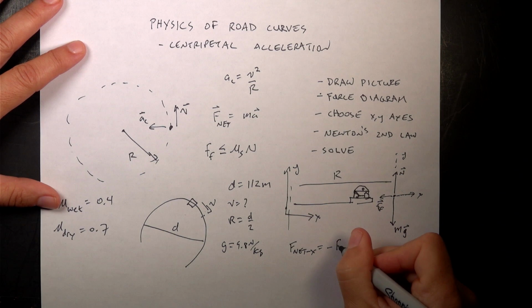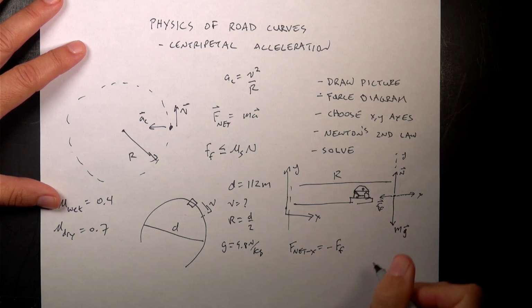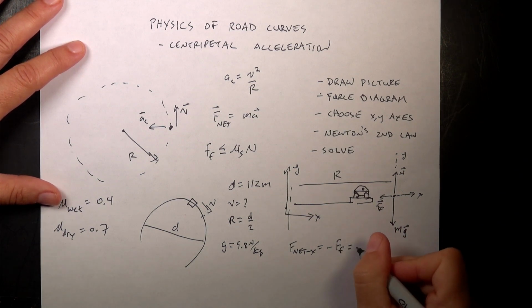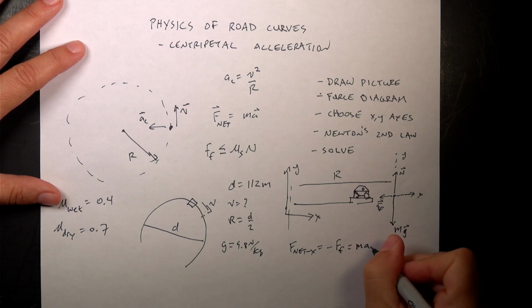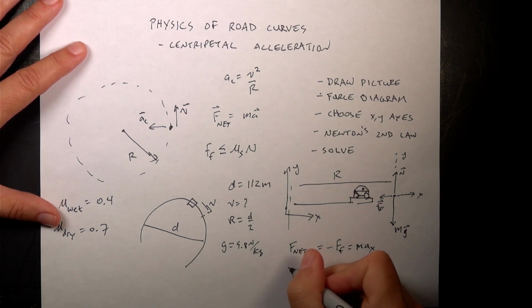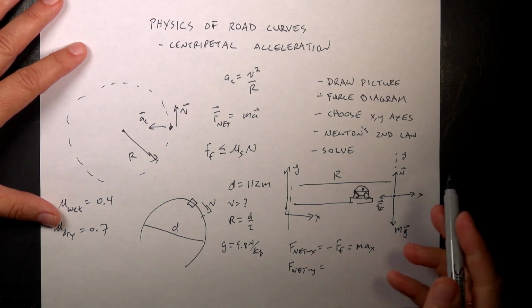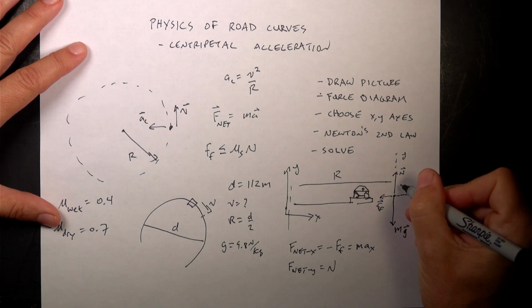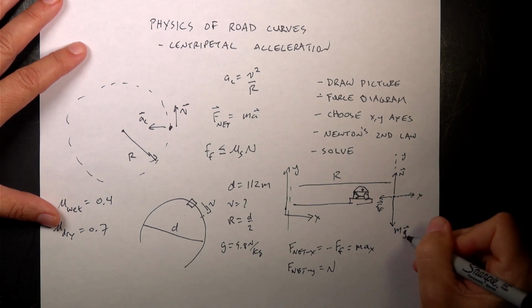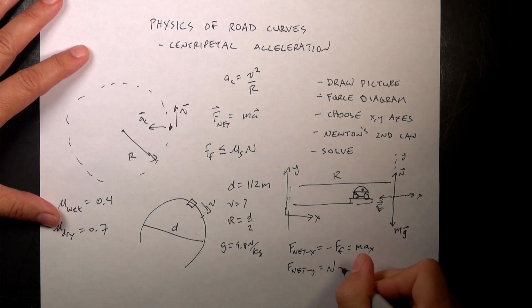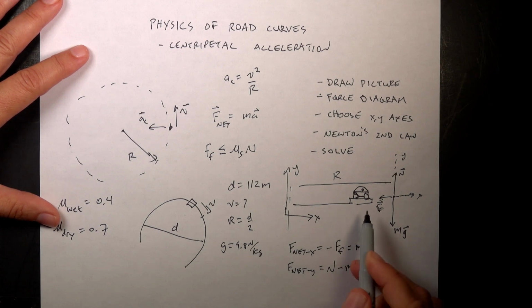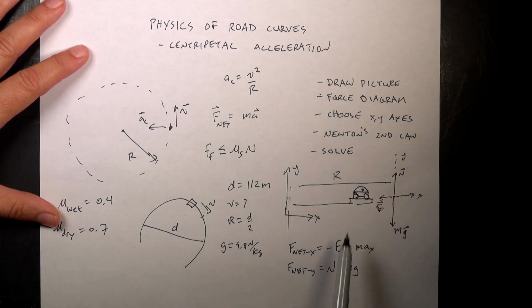So I'm going to write negative f, and that's going to be equal to m a x. And then I can do the same thing for y. F net y is going to be equal to n, right? I have the normal force in the y direction. And then mg is in the negative y direction, so it's going to be negative mg. Now, since the car stays on flat ground, the acceleration in the y direction is 0.